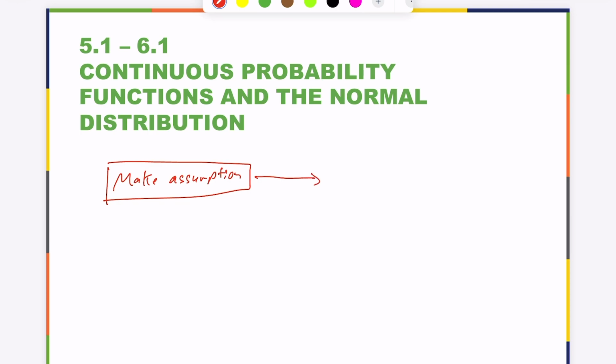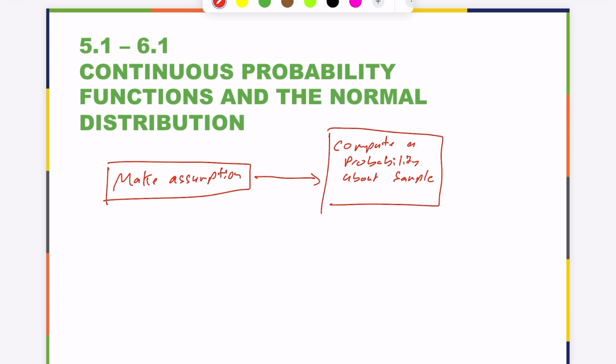We have some data. And then we use that assumption to compute a probability about the sample. And so we get this likelihood of the data that we got.